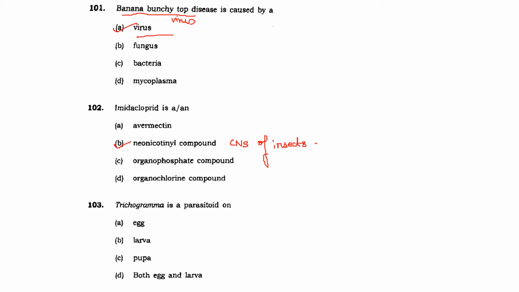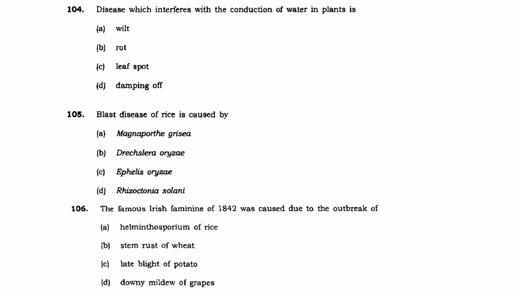Next is question number 103. Trichogramma is a parasitoid on. It will be X. Question number 104. The disease which interferes with the conduction of water in plants is. The disease names are wilt disease, rot disease, leaf spot disease, and damping off.